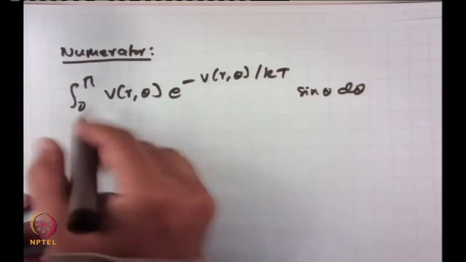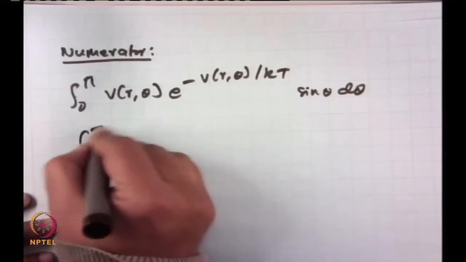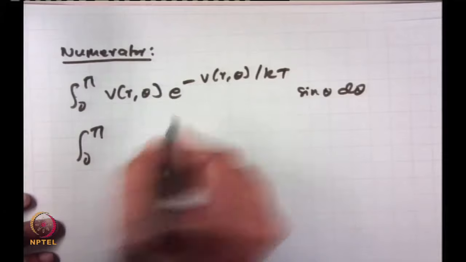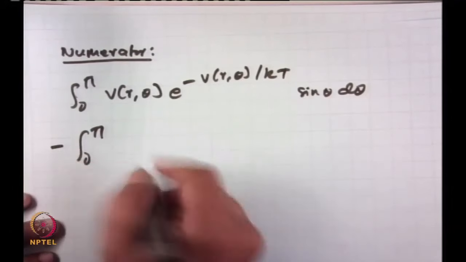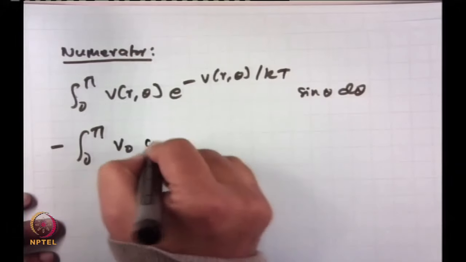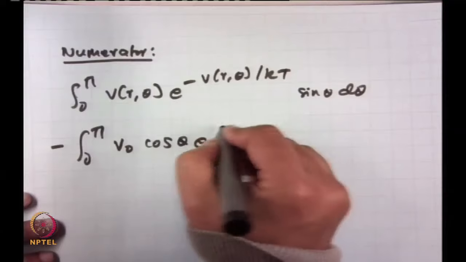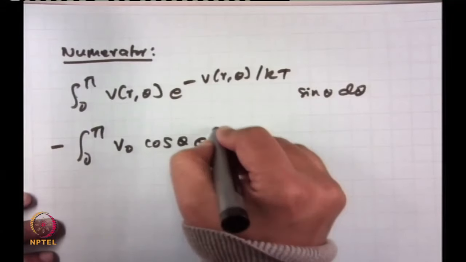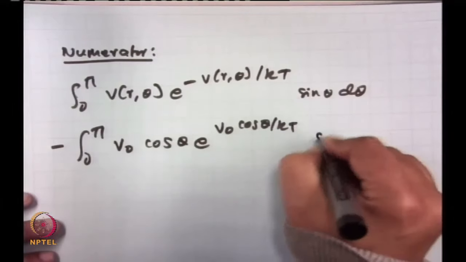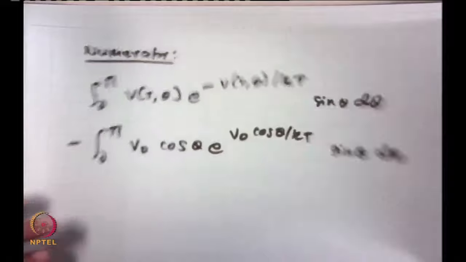Now what was V of r theta? V of r theta was minus V0 cosine of theta. So I can take the negative sign out here, and I do V0 cosine of theta, e to the power V0 cosine of theta over kT, sin theta d theta. Okay, going step by step.